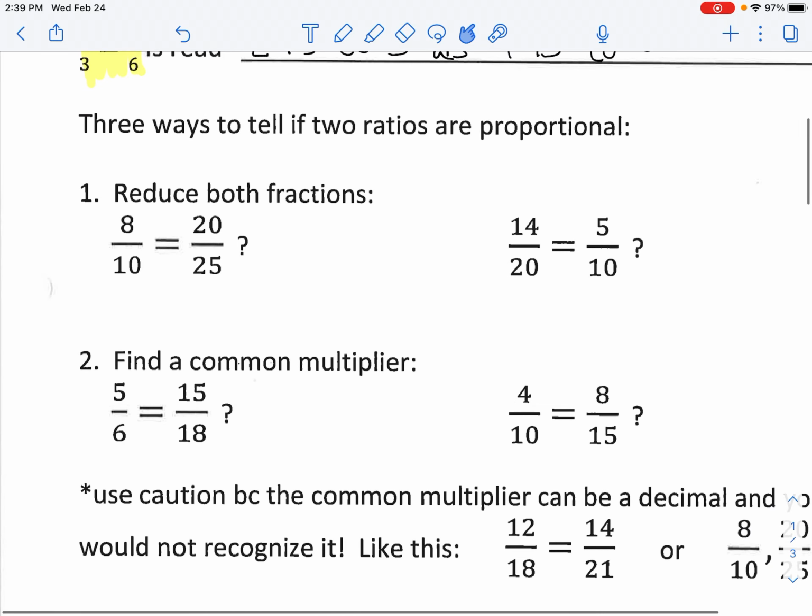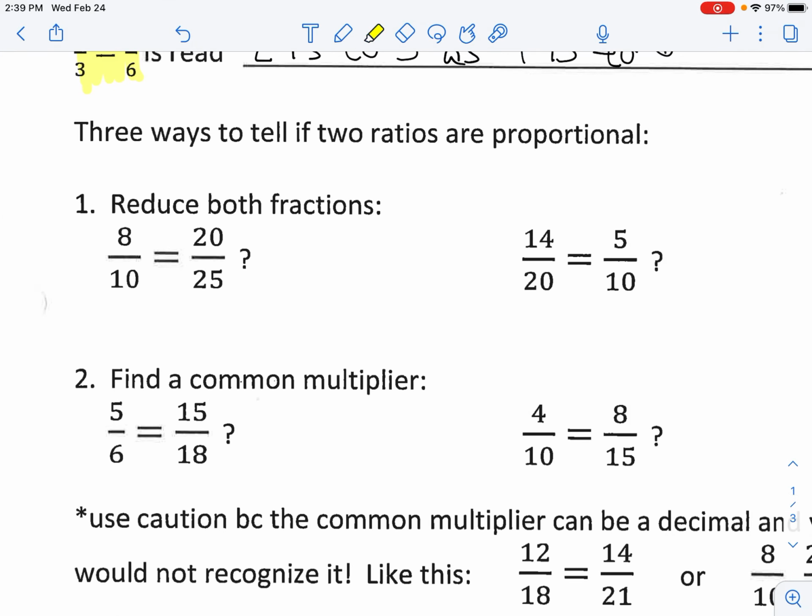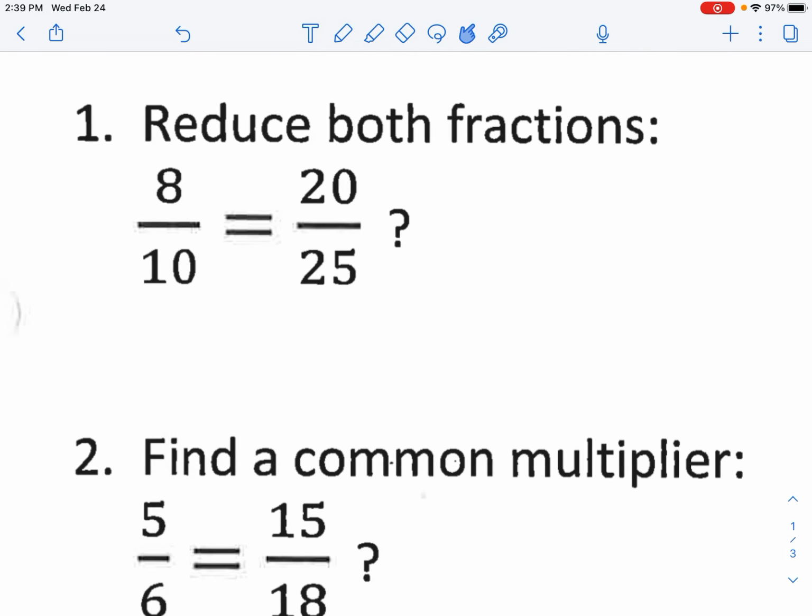All right, I'm going to teach you 3 ways to determine whether or not two ratios are proportional. So directions, 3 ways to tell if two ratios are proportional. All right, first one we're going to look at is 8 to 10 proportional to 20 to 25.